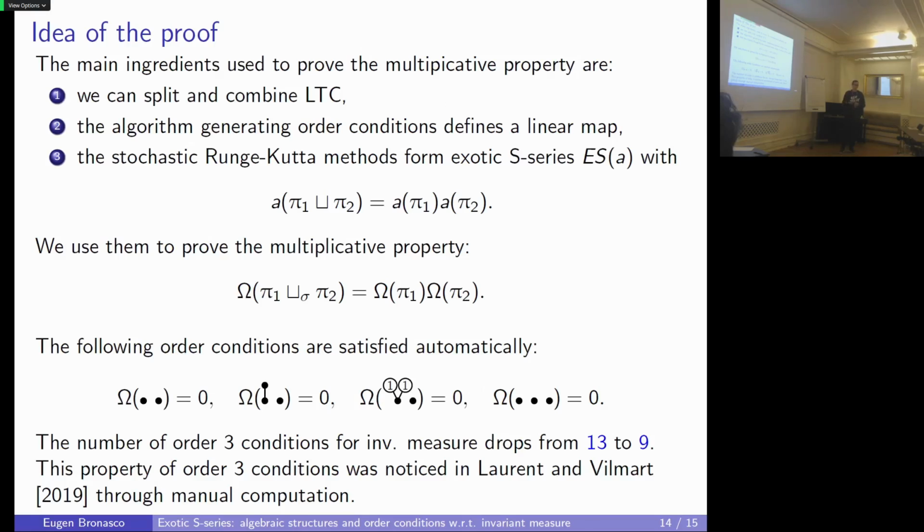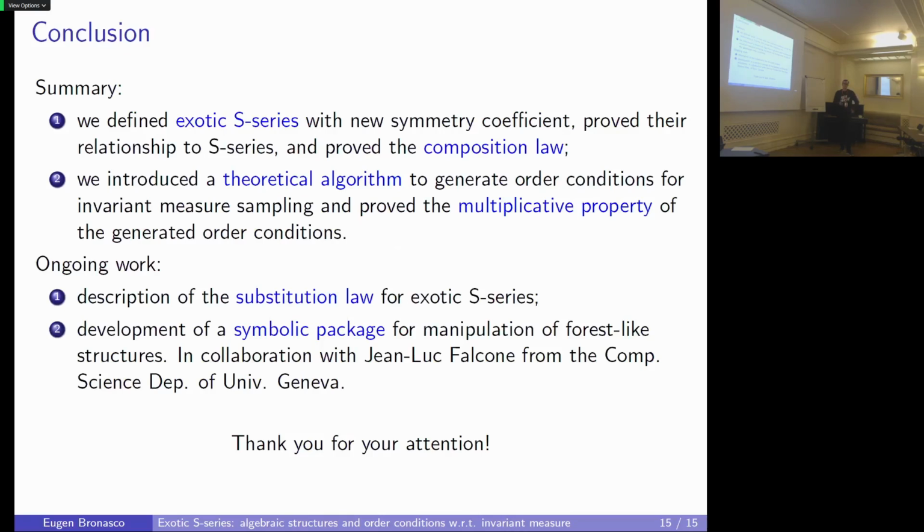And originally this property was found through manual computation in the paper by Adrien Laurent and Gilles Vilmart in 2019. And here we generalize this property and prove it for a general order in general forests. So this basically means that we can ignore all the order conditions corresponding to exotic forests, and we should only consider exotic trees.